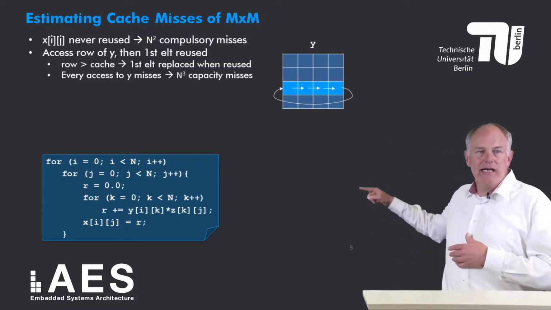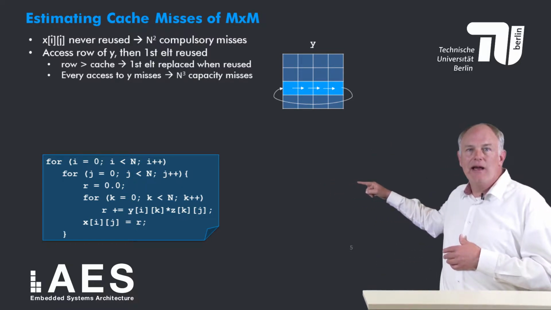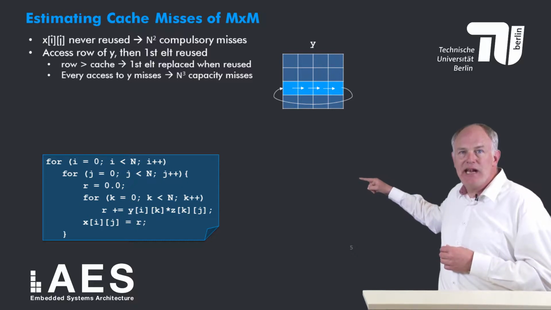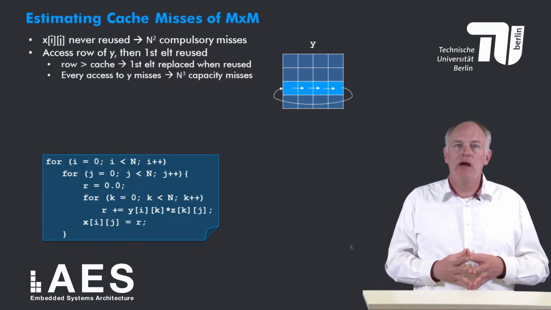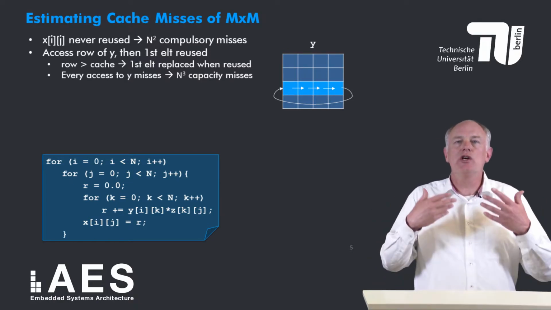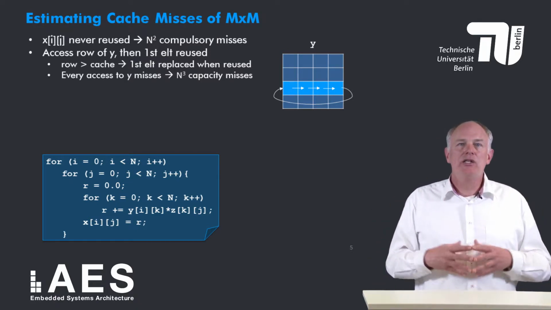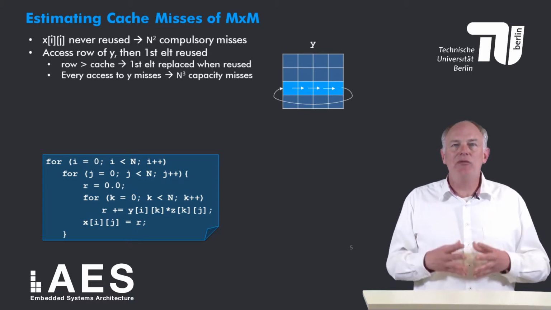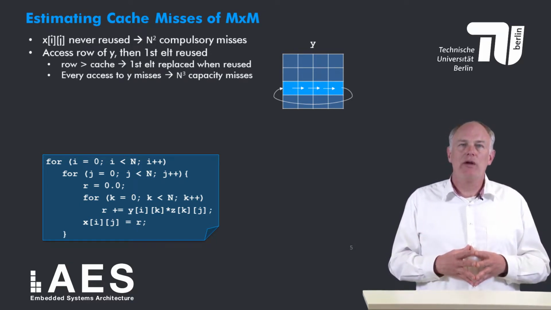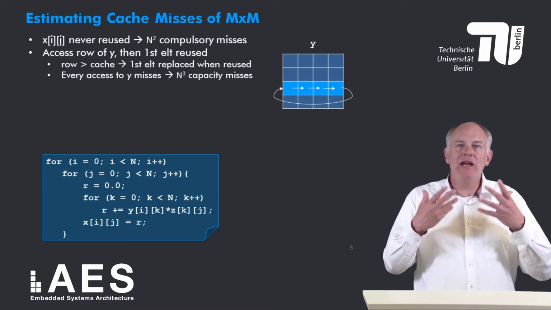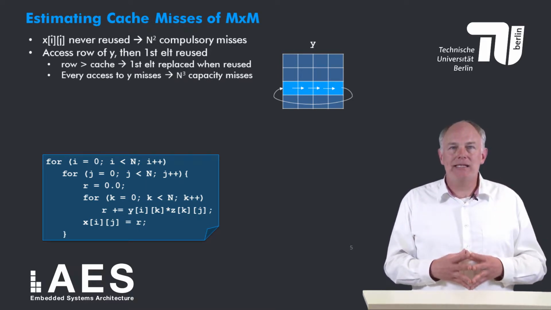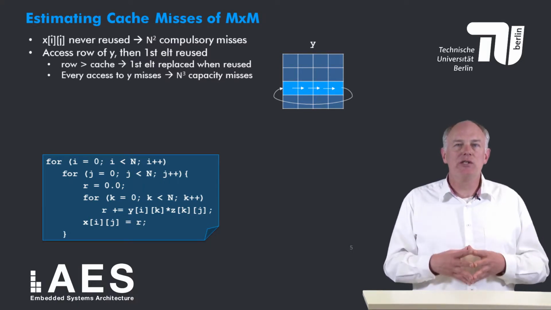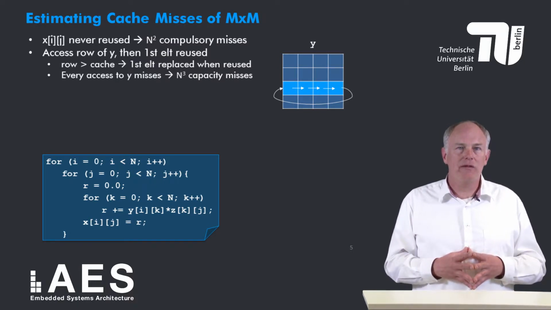It accesses an entire row of Y, then j is incremented, and then the same row of Y is reused. By assumption, a row does not fit in the cache. So every row element has been replaced before it is reused. This implies that every access to Y misses, and since there are n cube accesses to Y, this corresponds to n cube capacity misses.